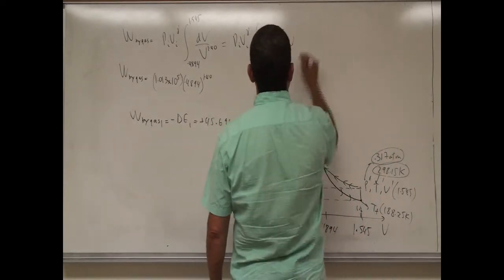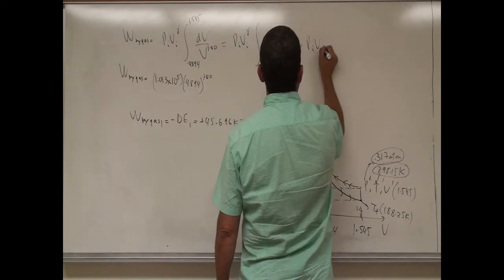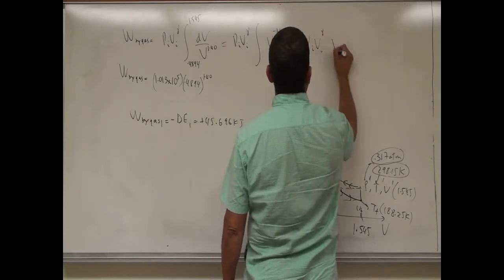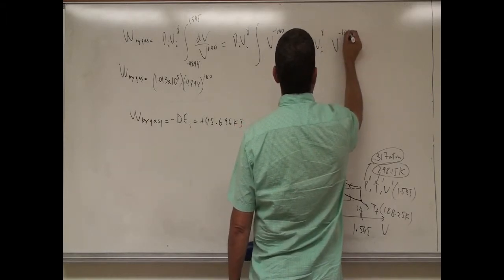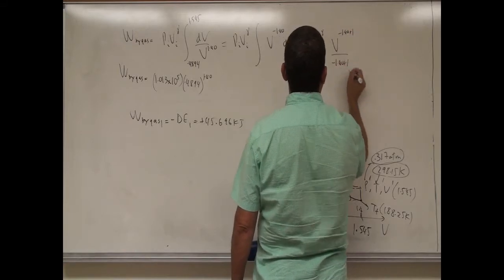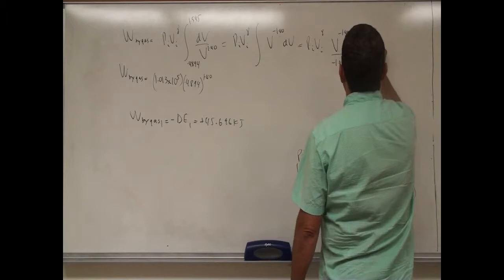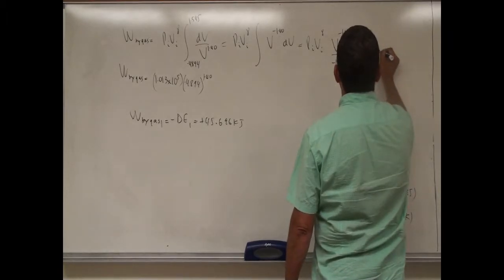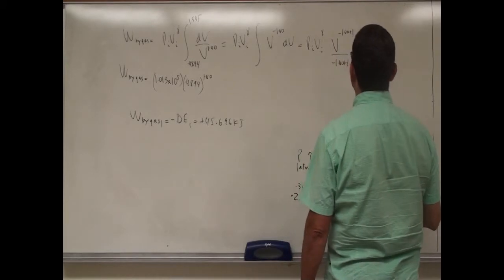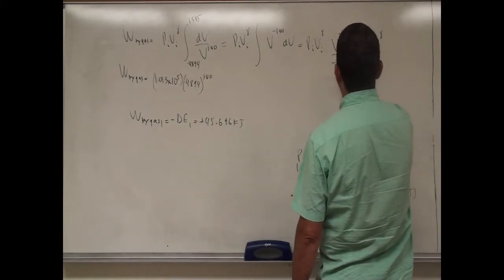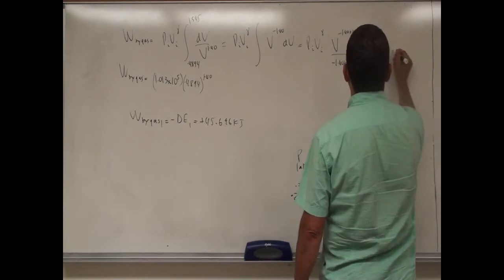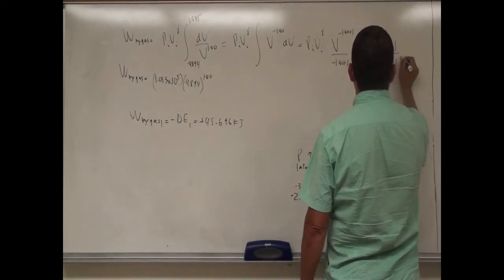The integral of this is V to the negative 1.40 plus 1, over negative 1.40 plus 1, times P initial, V initial to the gamma. So negative 1.4 plus 1 is negative 0.4, so we get 1 over V to the 0.4.